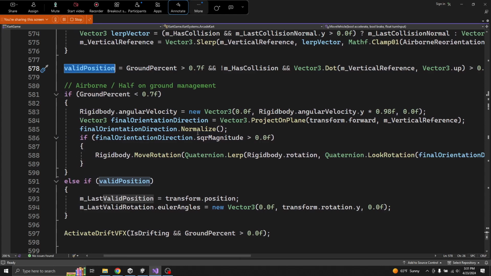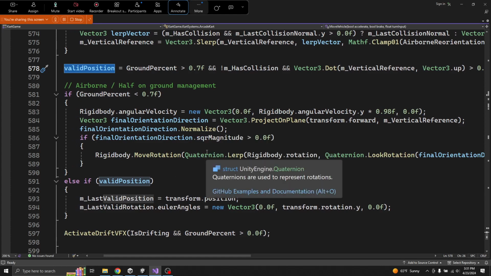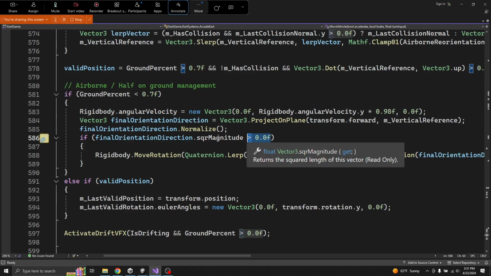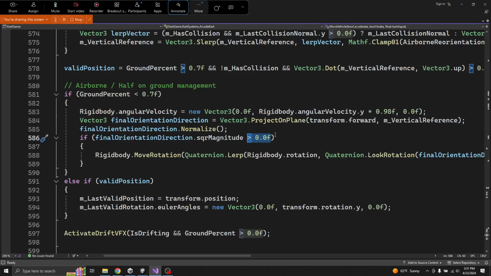And then we're going to normalize that direction. And if the square magnitude of it is greater than 0. All right. So the magnitude is just the size of a vector, and you could just square it. Whatever the size of the vector is, just multiply it by that size again, and it's the square magnitude.